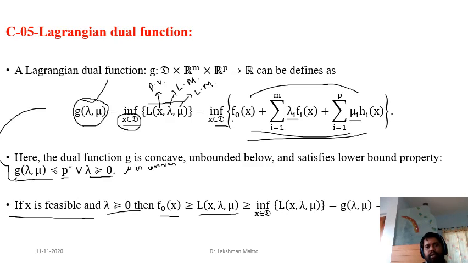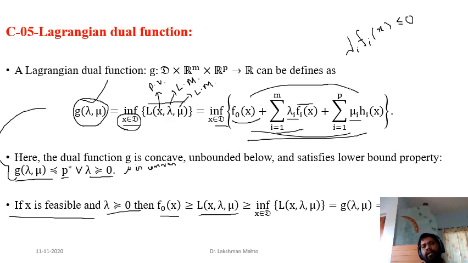Because we have the objective function, and apart from that, these terms come with lambda i greater than or equal to 0. We also have the constraint function fi, and the condition on fi is that it is less than or equal to 0. So you are multiplying a positive quantity with this inequality, so again this would be less than or equal to 0.